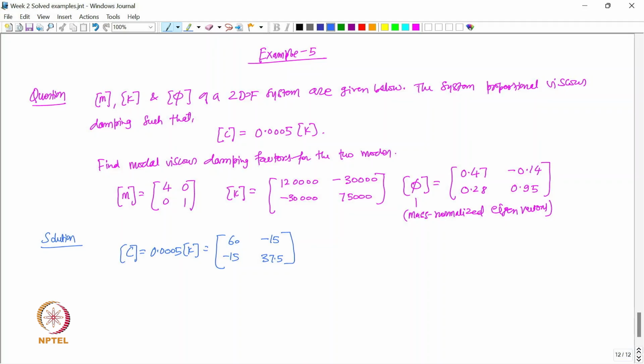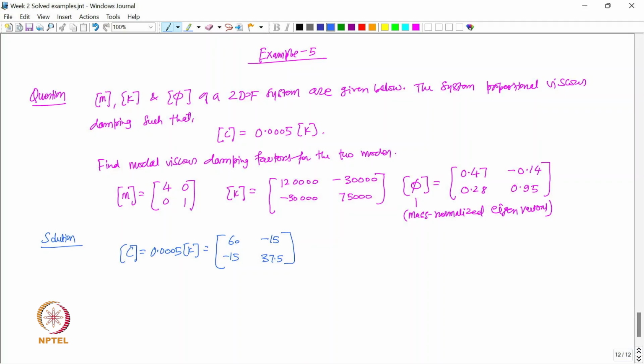Now, we have to find the modal viscous damping factor. Because damping is proportional, we have studied in the lecture classes we can use a modal route to find the viscous damping factor.